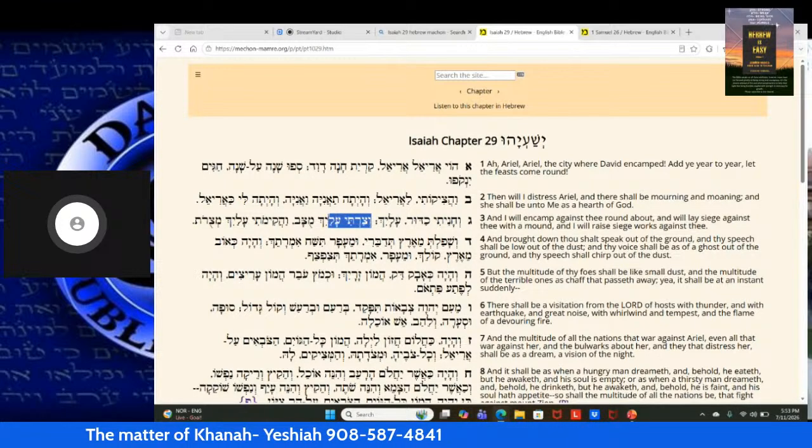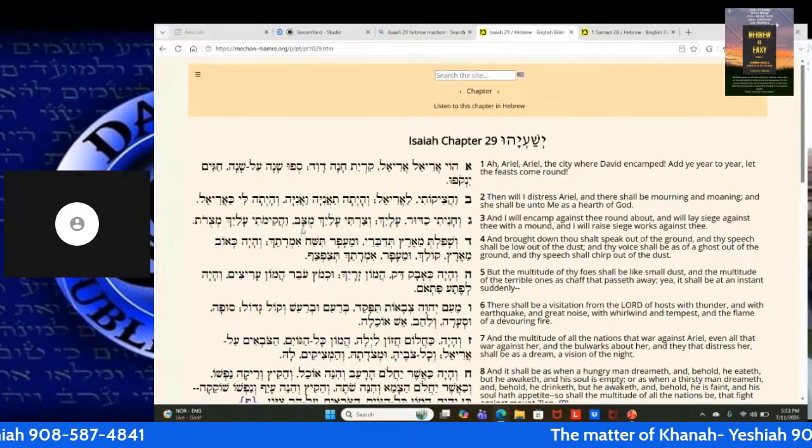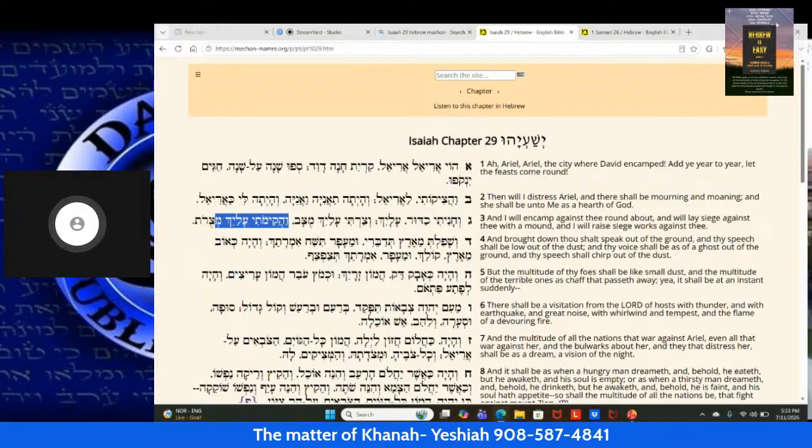Wazarati alayik muzab, Wahakimoti alayik mitzurot.